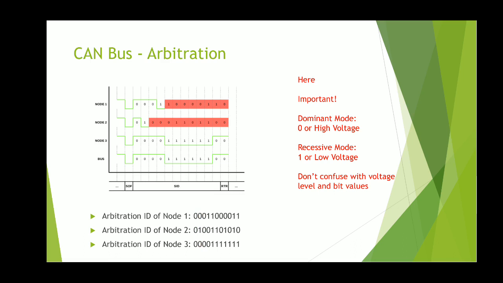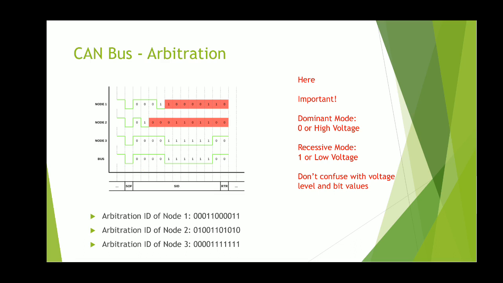In this case, the dominant bit is 0. So in the second clock cycle, node 1 will send 0, node 2 will send 1, and node 3 will send 0. Since the dominant bit is 0, the bus will be set to the dominant voltage, 0 volts.